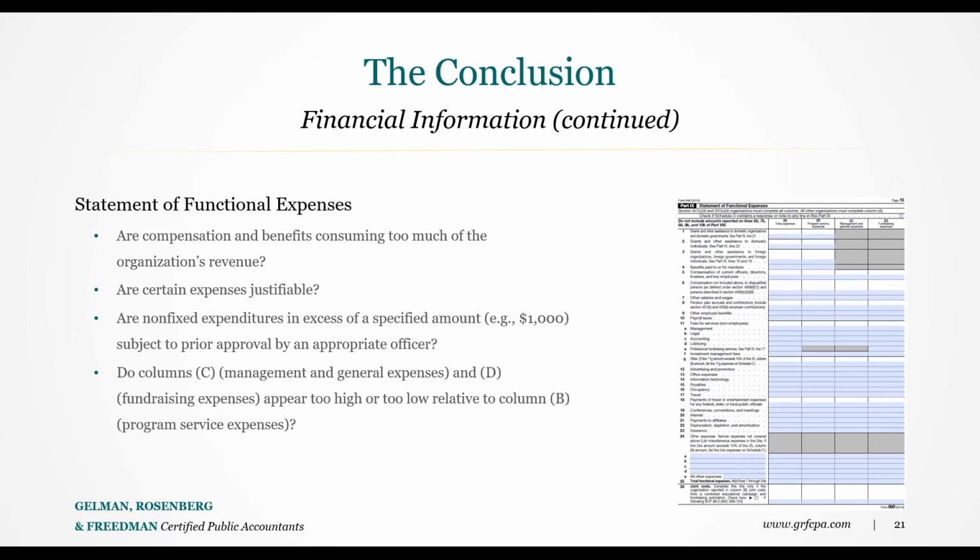How much is really necessary for the organization to utilize and do its operations? Is there excessive compensation that's being consumed by the organization's revenue? Are all of the expenses justifiable? In particular, we really like to look at lines 11, 12, 17, 18, and 19. A lot of those surround consulting expenses.